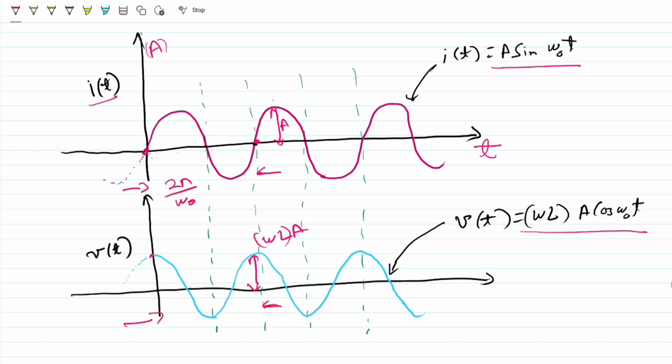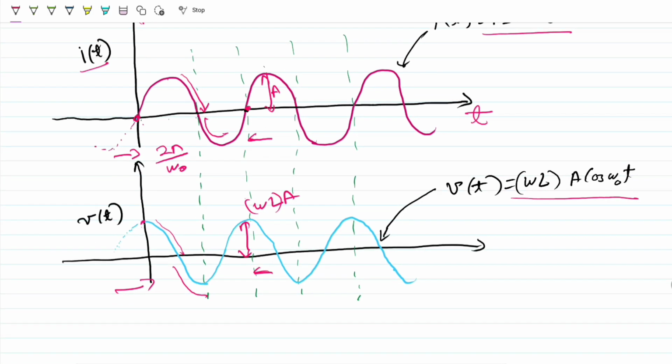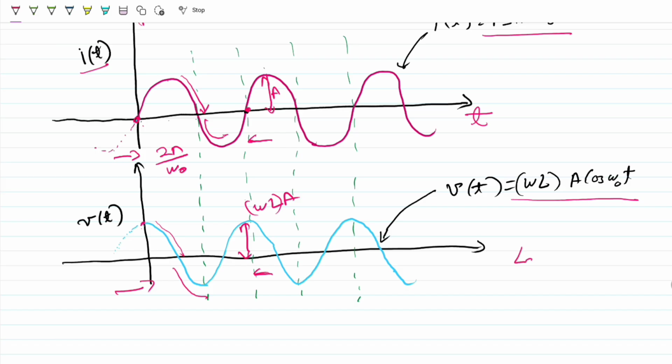Then when the voltage falls to 0, the current also falls to 0, but with a delay. Then the voltage goes to the negative peak, and after that certain delay, the current also goes to a negative peak. So there's a delay of the current with respect to the voltage, and that's what is called the current lagging with respect to the voltage.